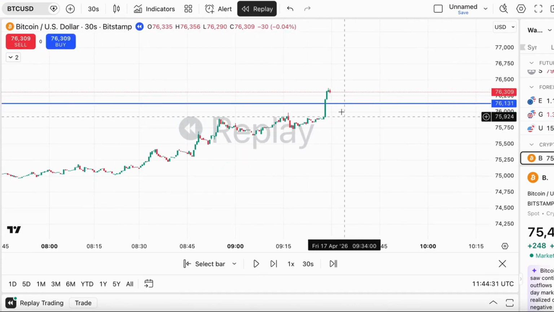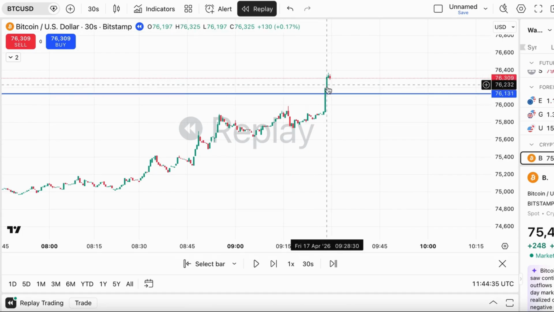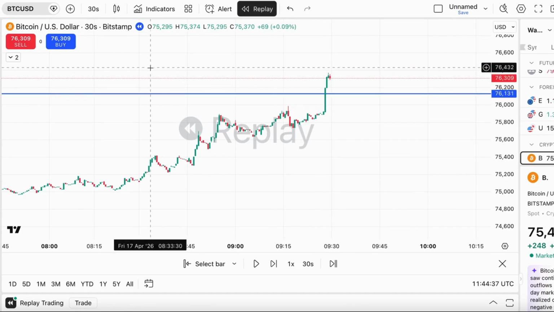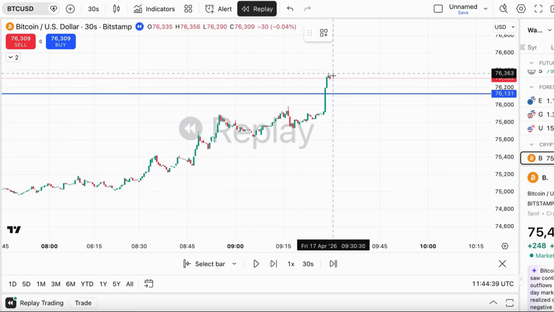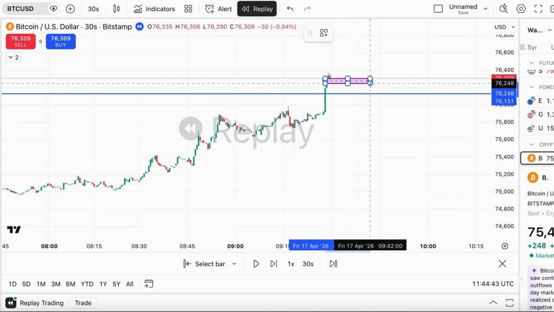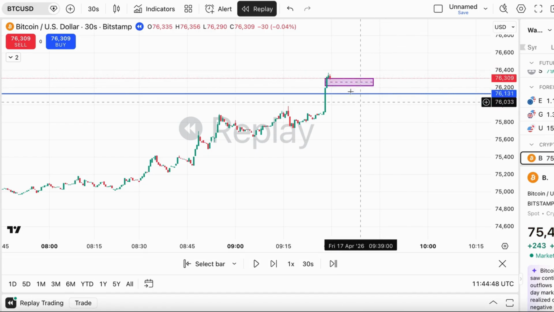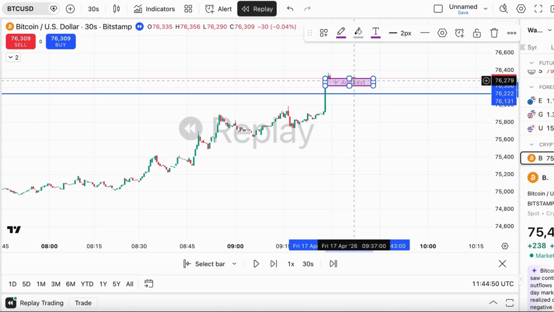Okay, what we can see now on the 30-second is that it has formed this FVG here. Now, what can happen from this FVG? Let's mark it. 30-second FVG. Okay. Look at that.